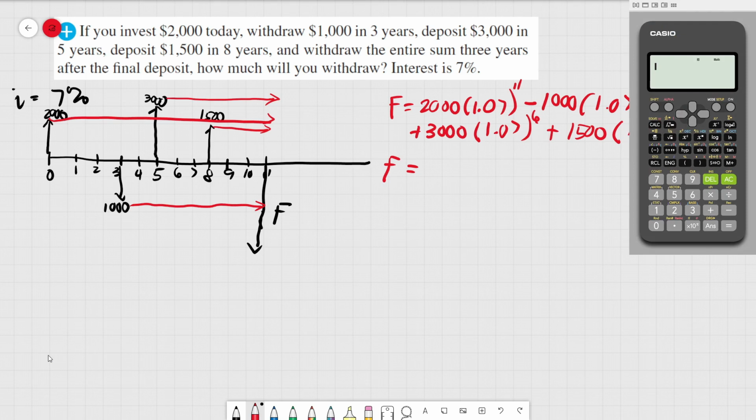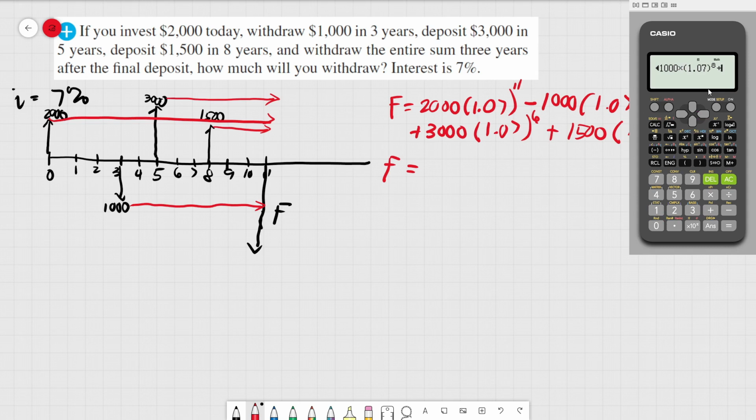So, okay. 2,000 times 1.07 raised to 11. Minus 1,000 times 1.07 raised to 8.